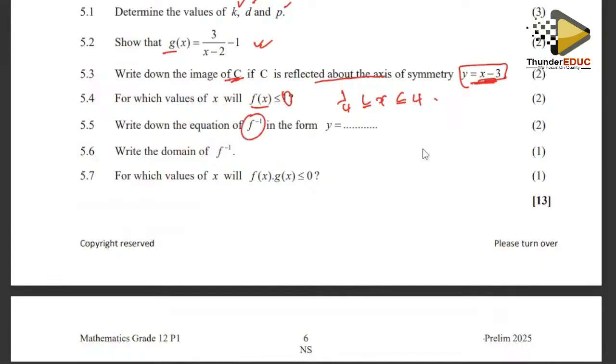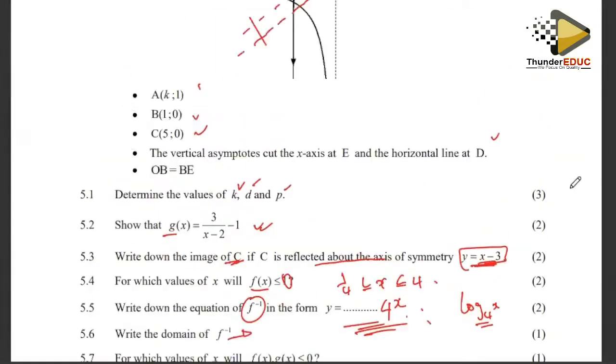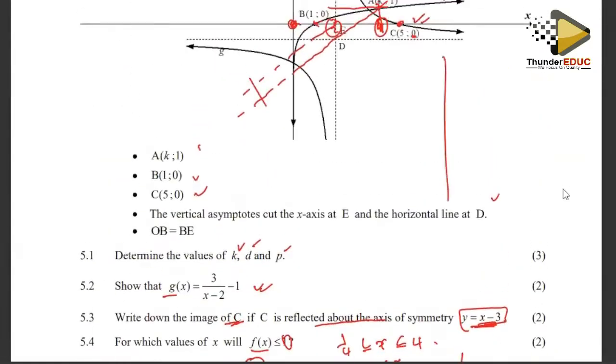Then they want us to get the inverse of f. So from log form to exponential, meaning that's going to be 4 to the exponent of x, because the log is log 4 with x. So this is the inverse. And they want us to write down the domain of the inverse. So if I'm to just look at the technical sketch, if x is a 0, we're going to have a 1.